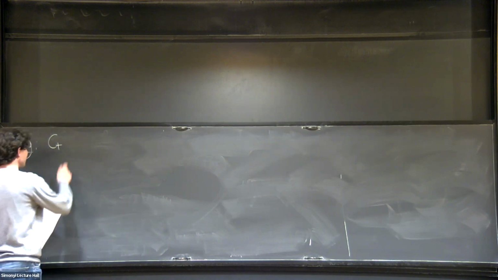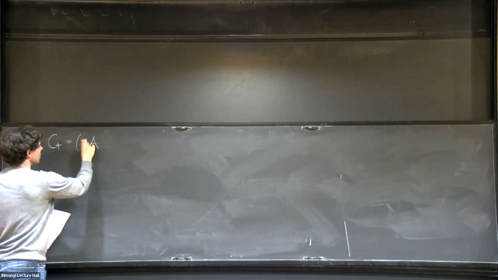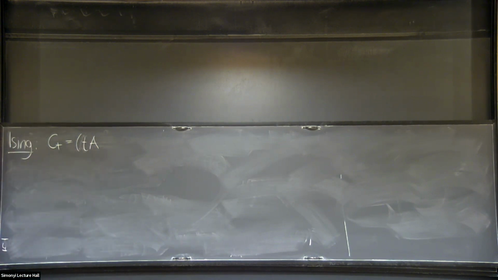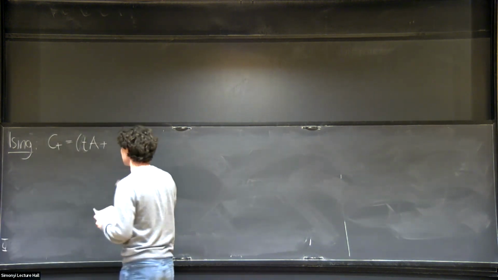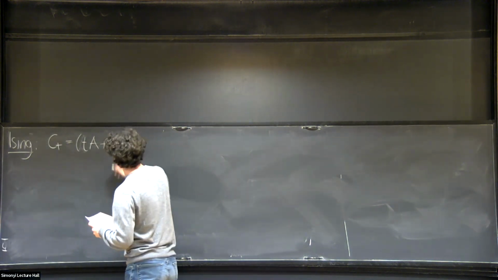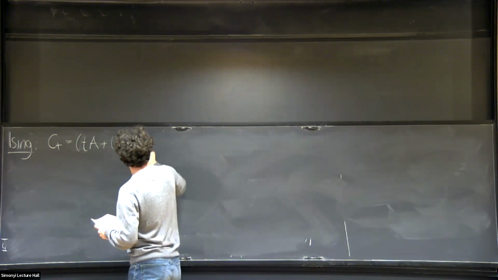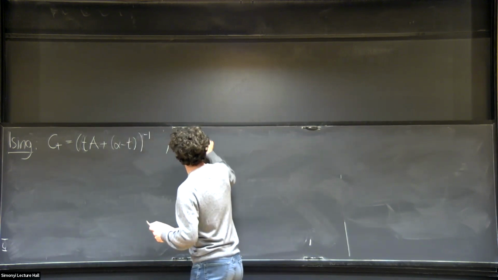So in the Ising case, what we do is, these matrices A, which I shouldn't have erased, was the coupling matrix, which was assumed to be positive definite in the Ising model. And we define a sequence of covariance matrices like this, where alpha is any number fixed bigger than beta.